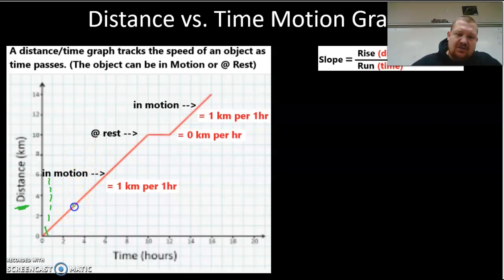So our slope, if we go up 1 kilometer over 1 hour, up 1 over 1, up 1 over 1, it's going to be 1 kilometer per hour. If it's not moving, there's no change up or down in our direction. So this is going to give us 0. And then here we have slope again. So this is going to give us our velocity.